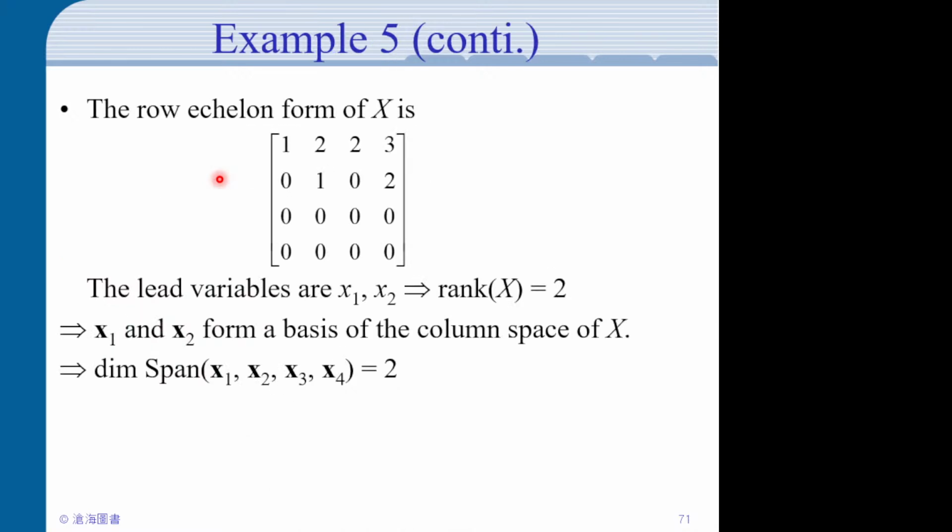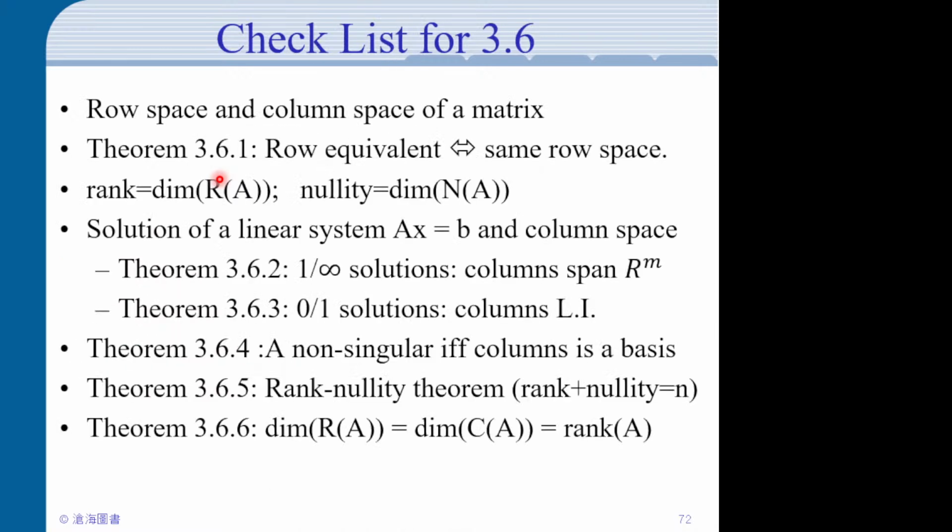Okay, let's go to the checklist of this whole section. In section 3.6, we spent a lot of time studying the row space and the column space of a matrix, and we have a whole bunch of theorems.